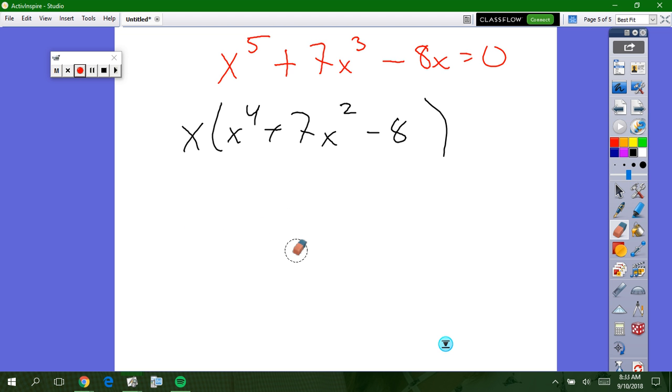Okay. So, what are the factors of negative 8 that get me to a positive 7? We need a positive 8 and a negative 1.